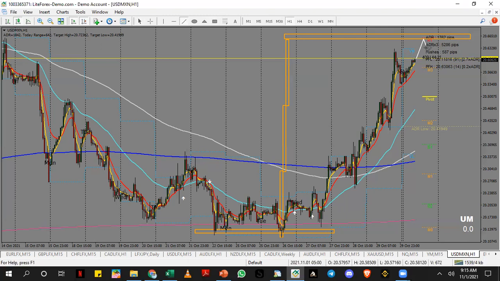And the market structure is showing that we are having a bullish trend. So we should expect for price to come and form a peak reset. So around the 200 EMA.